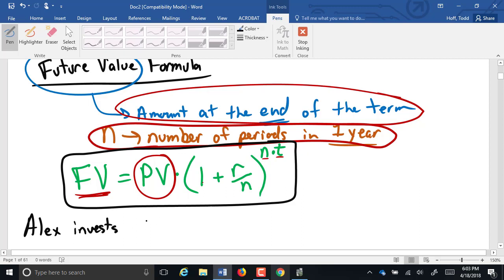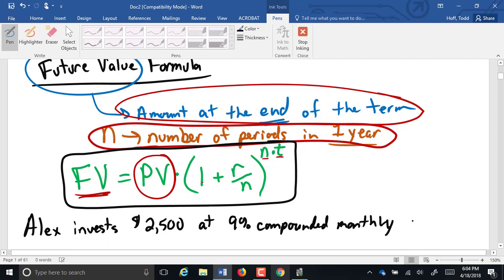Let's say Alex invests $2,500 at 9% compounded monthly for 5 years.